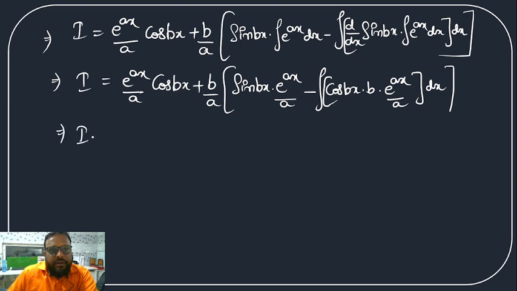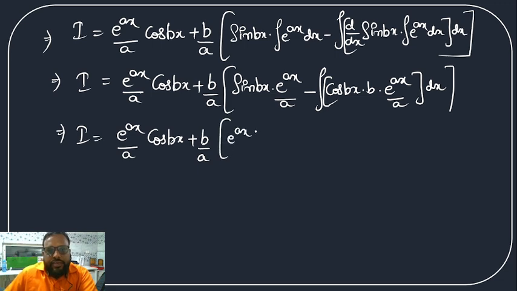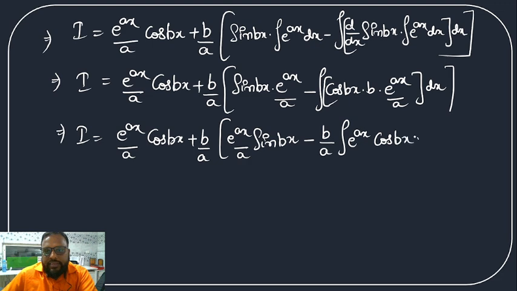So now it is e to the power of ax by a cos bx plus b by a e to the power of ax by a sin bx, minus b by a comes outside, I am left with integration of e to the power of ax cos bx dx. We know that integration of e to the power of ax cos bx dx we took as I. So in the place of this, I can substitute I here.